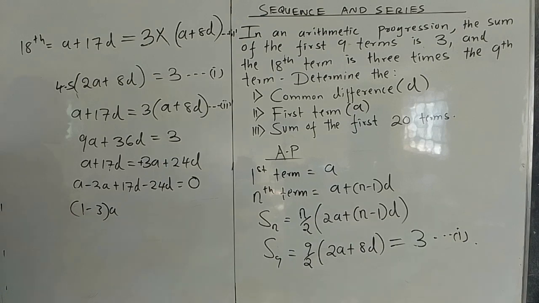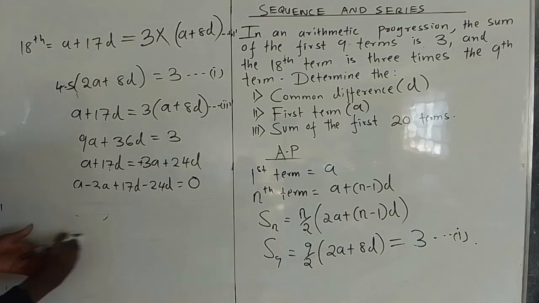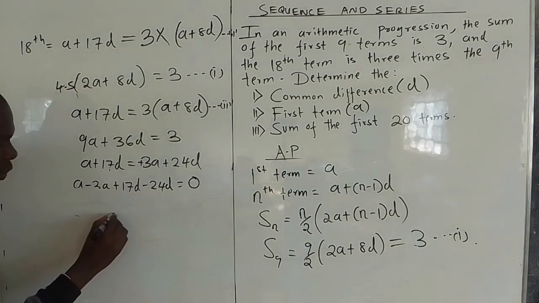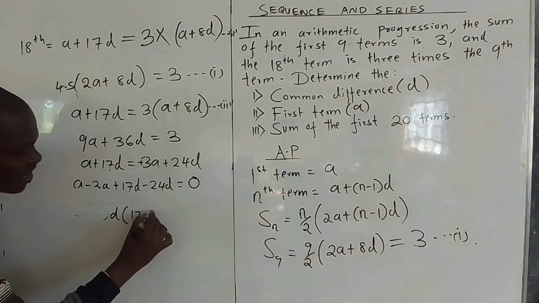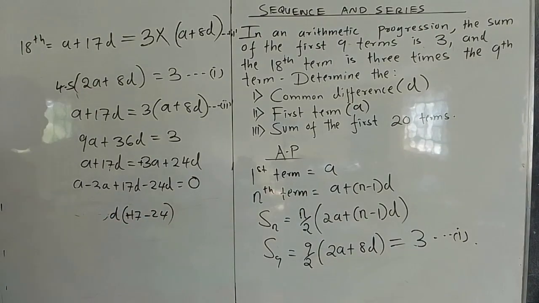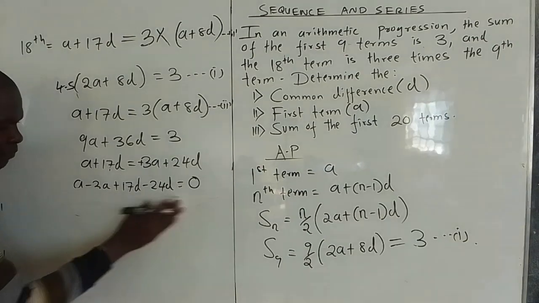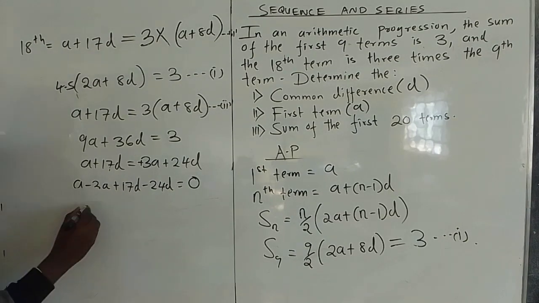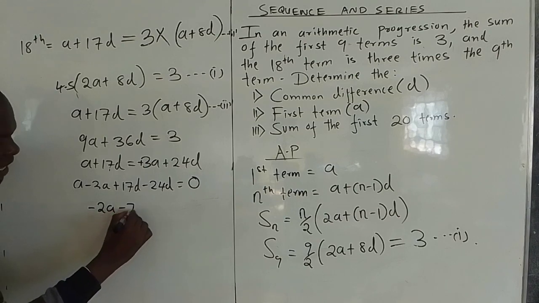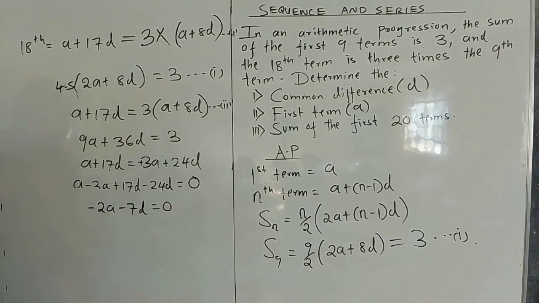So 1 minus 3 is negative 2. Then here again when you factorize out d, you remain with 17 minus 24 inside the bracket, isn't it? So 17 minus 24, what do you get? Negative 7. So here I have minus 2a minus 7d is equal to 0, isn't it?